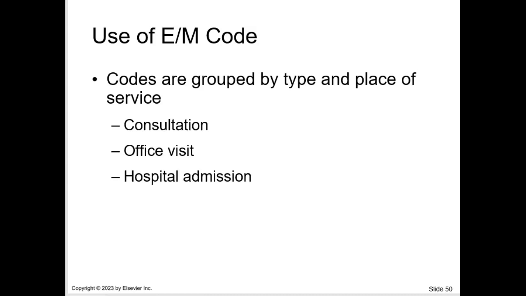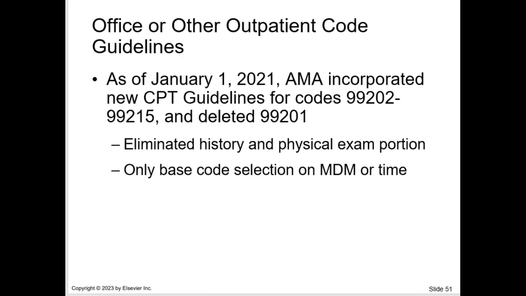The E&M codes are grouped by the type and place of service: consult, office visit, and hospital admission. As of January 21, AMA incorporated new CPT guidelines for 99202 through 99215.